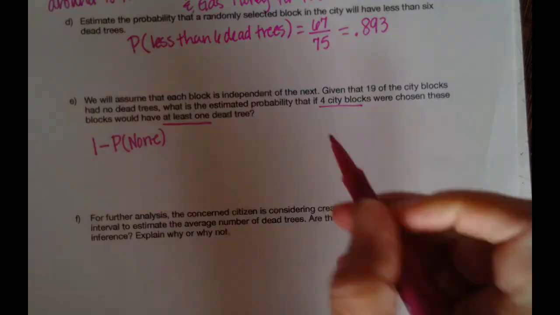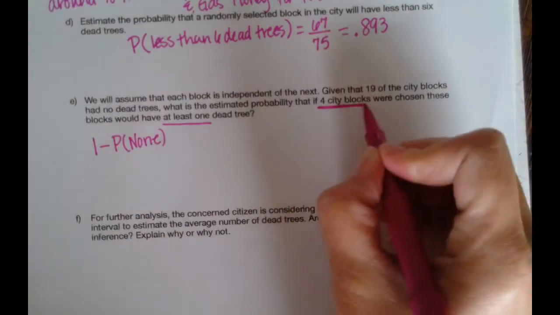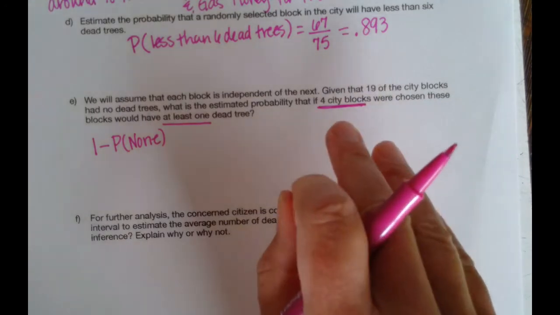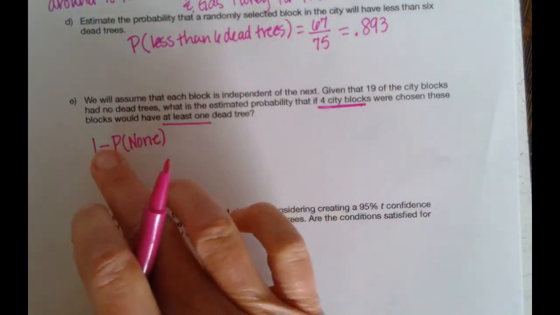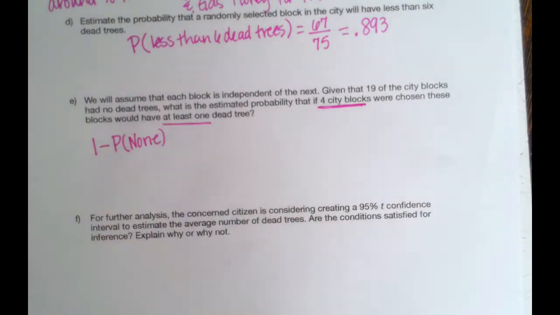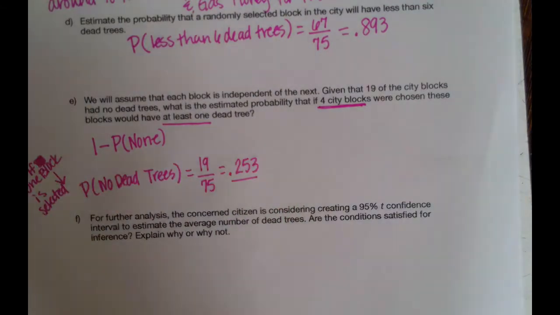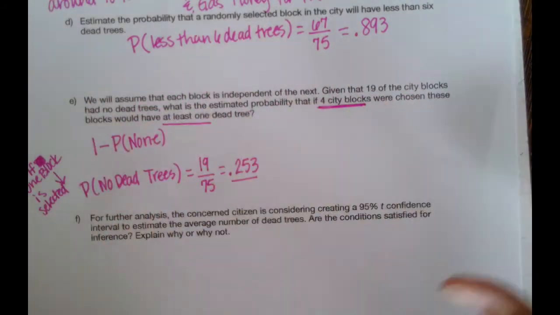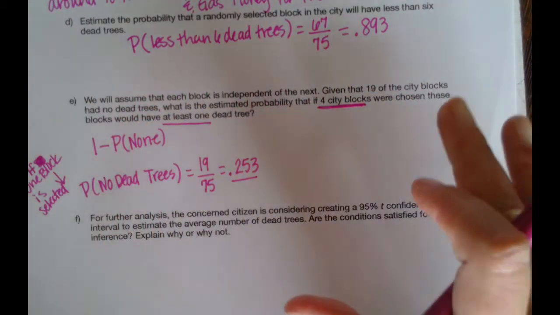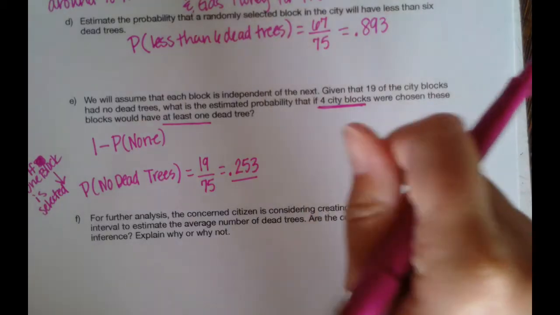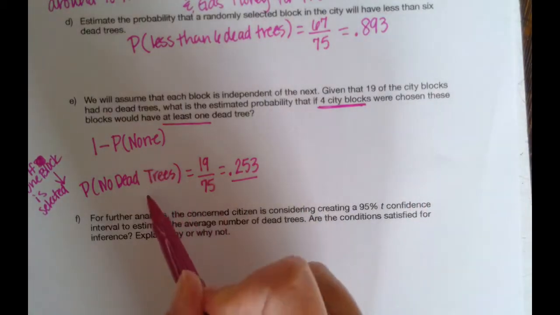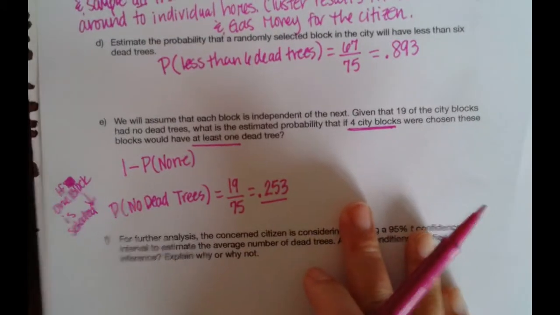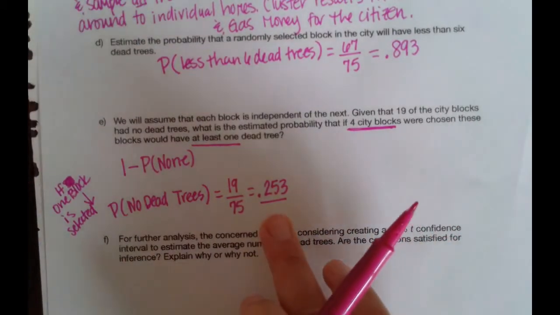Okay, but they selected 4 city blocks, and none of them in all 4 of those would be what we would be finding, and then we'd do 1 minus that. So if we had all of the blocks in a hat, and we selected 1 block, the probability of having no dead trees in that 1 block is 19 out of 75, which is 0.253.